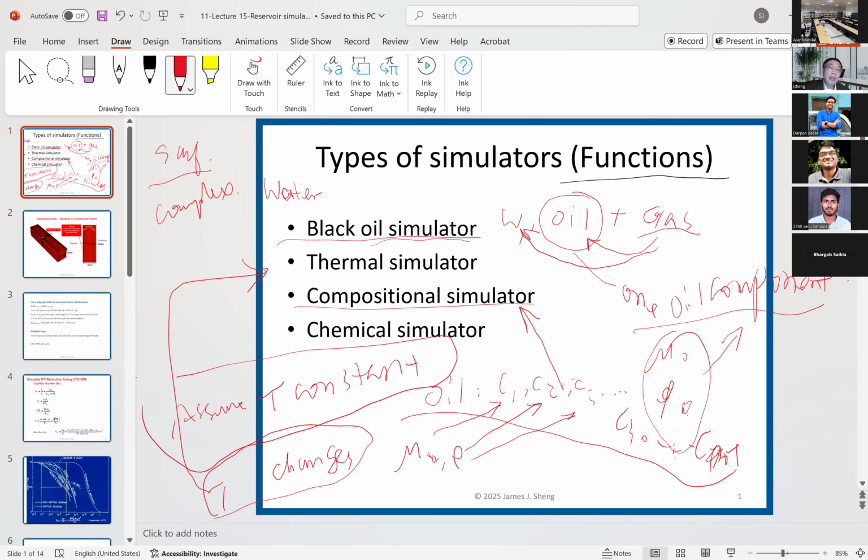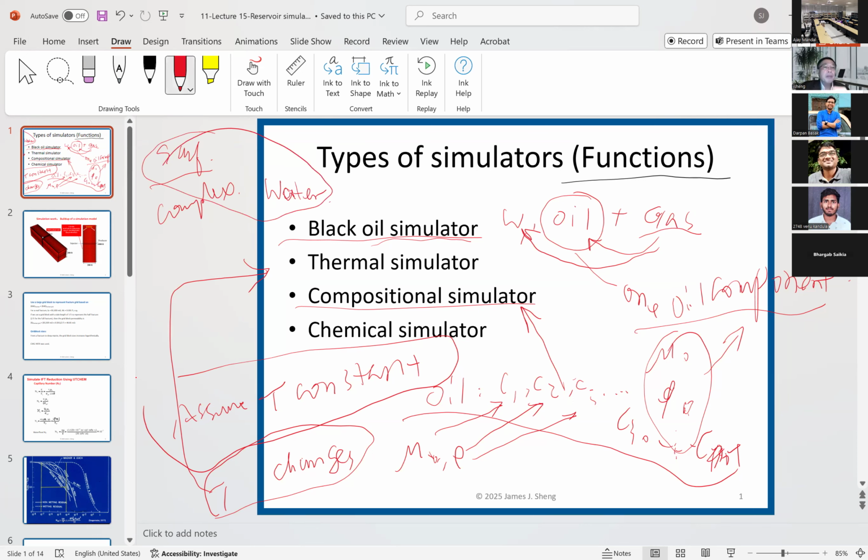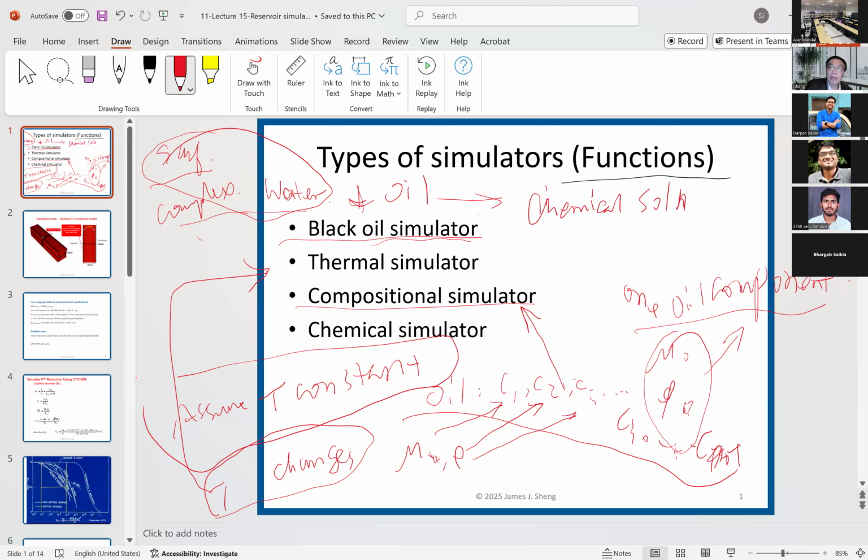Then you add some oil, and the surfactant solution reacts with the oil and generates some chemical solutions, new generated fluids.